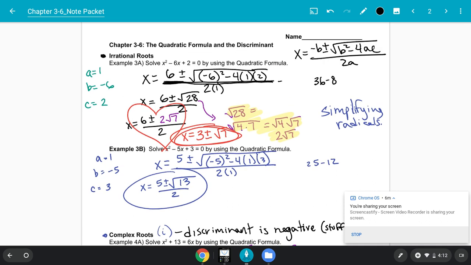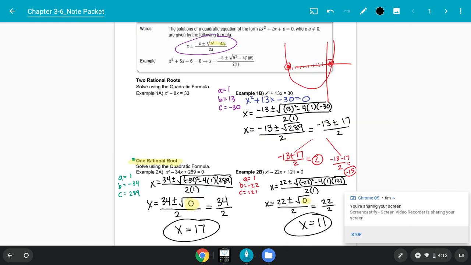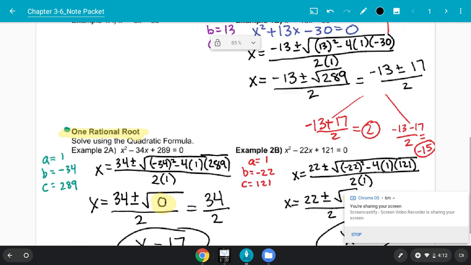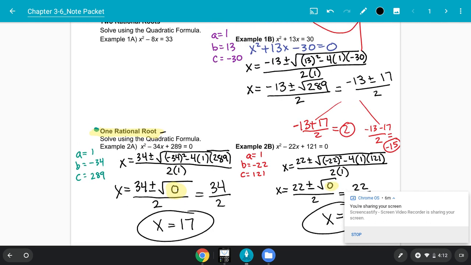Here, irrational roots are just if you don't have a nice radical, but you'll just see them come out as irrational. And then to summarize this front part, you will have one rational root if the discriminant is 0, or stuff in the root is 0.